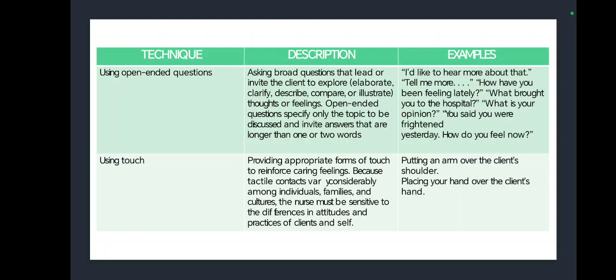So here, as a practicing Muslim, it is not really accepted to touch another person of the opposite sex. However, in the line of our duties, in the line of our profession, it is accepted, but in a professional way, not in a personal way.